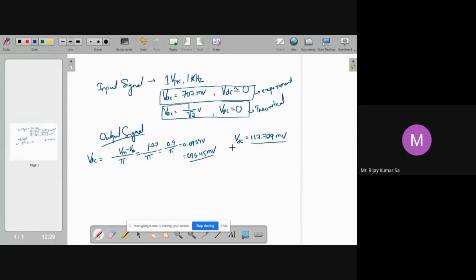This minus this is hardly 10 or 20 millivolts.